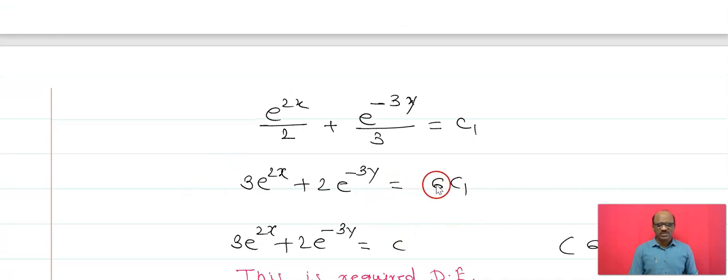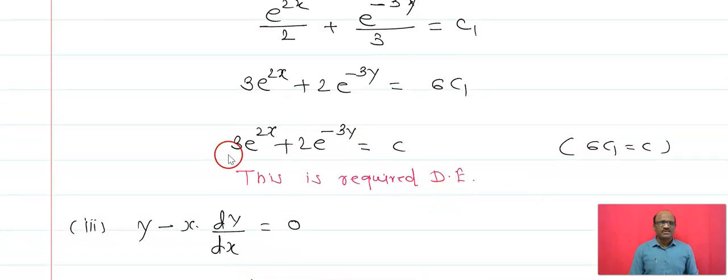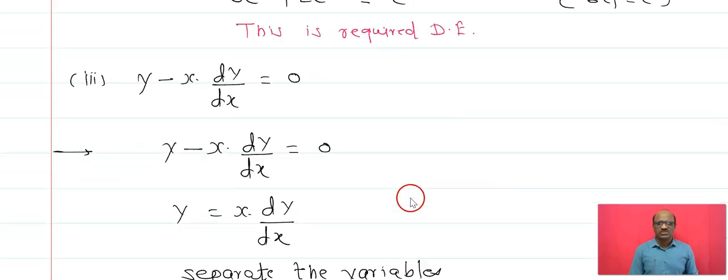After the cross multiplication, you will get 3 into e raised to 2x plus 2 into e raised to minus 3y is equal to 6c1. And therefore 3 e raised to 2x plus 2 into e raised to minus 3y is equal to c, where 6c1 is equal to c, and this is the required solution of the differential equation.